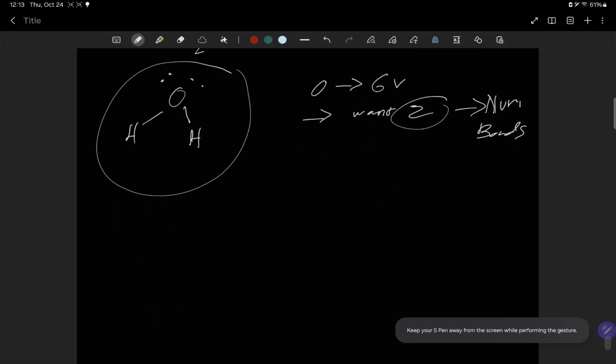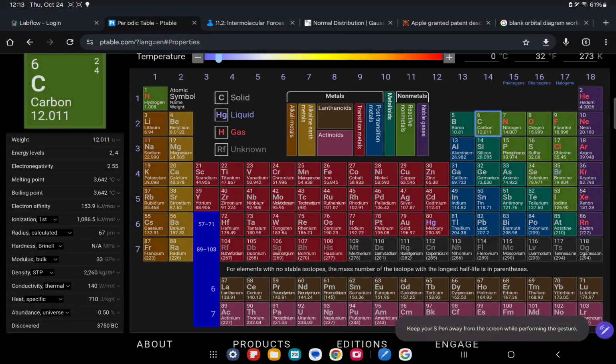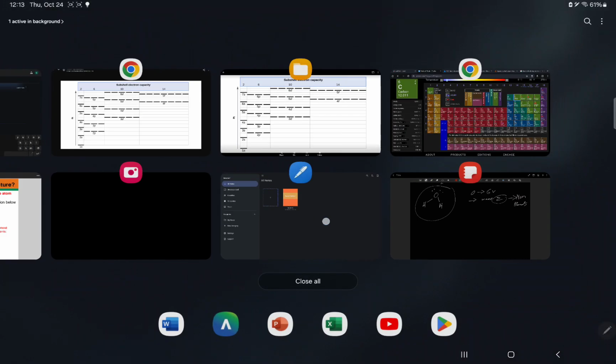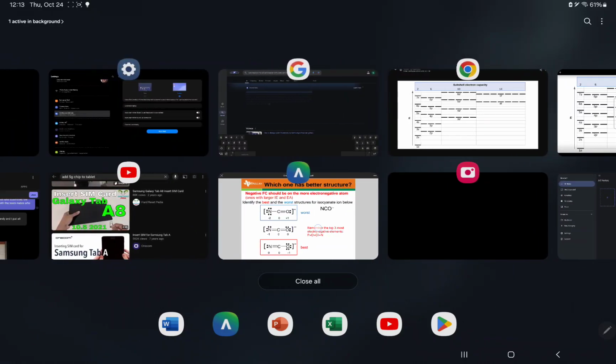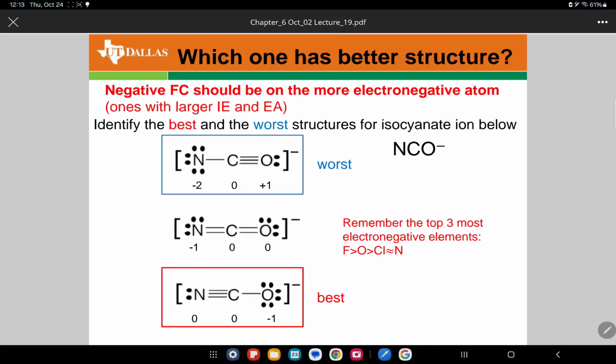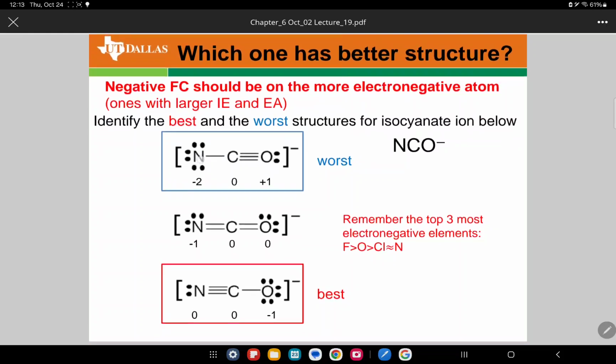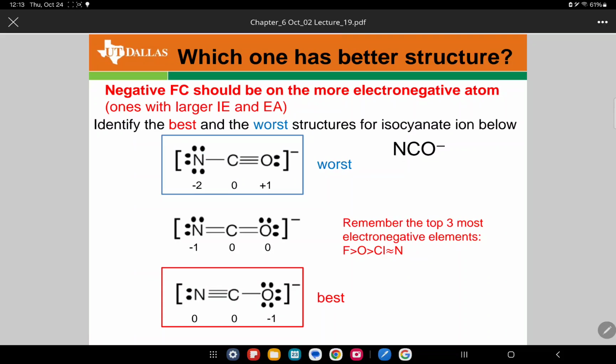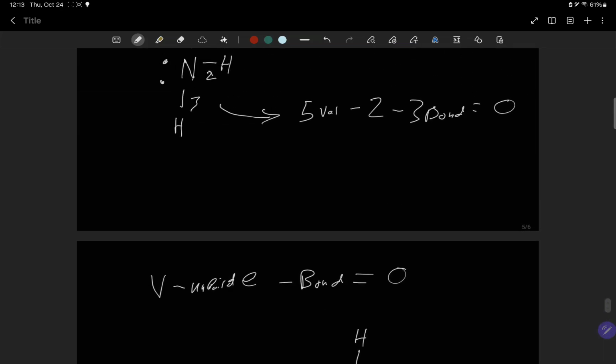So this is where, let me go back to the assignment. This one. So looking at this nitrogen, again, nitrogen has, let me see, I did that a second ago.